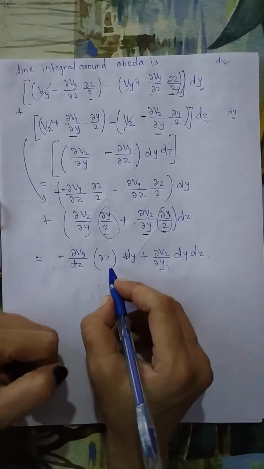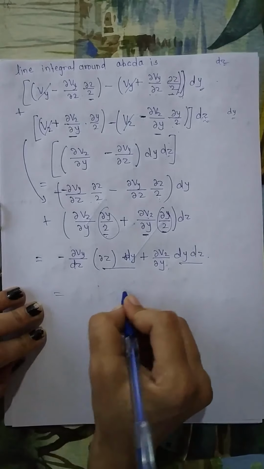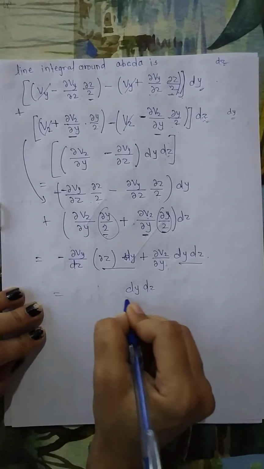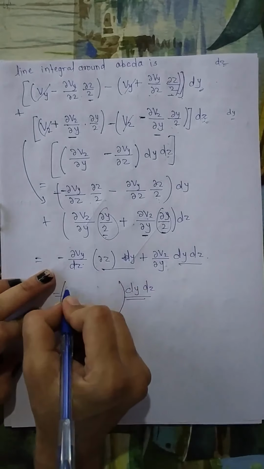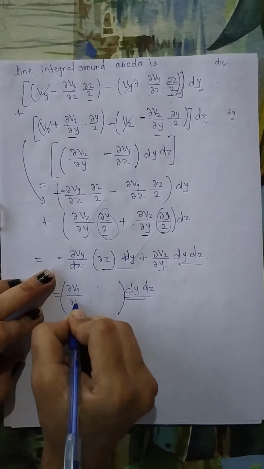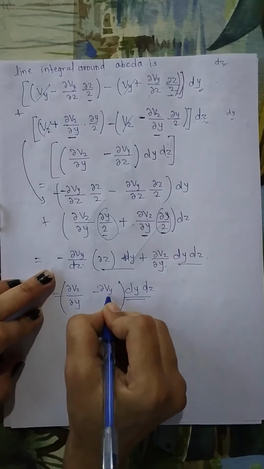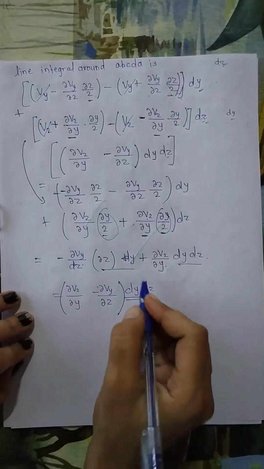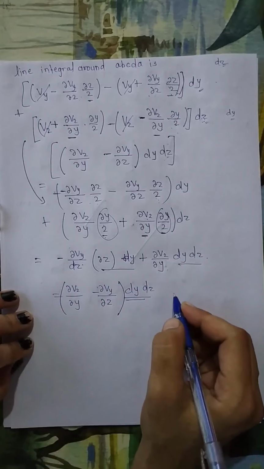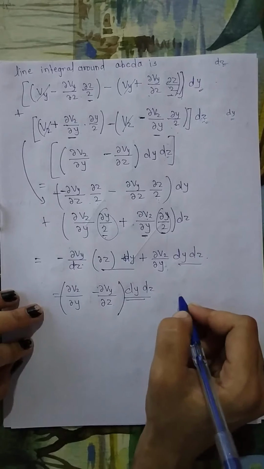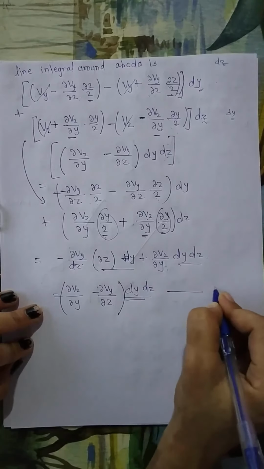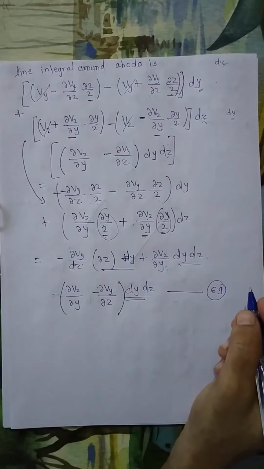So if we take this dy dz common, what is remaining here is dou Vz upon dou y minus dou Vy upon dou z. So this is the simplified line integral along a, b, c, d, a. Let's call this equation number 69.